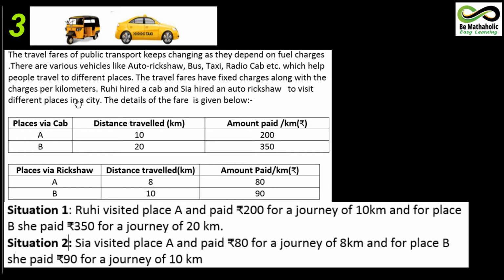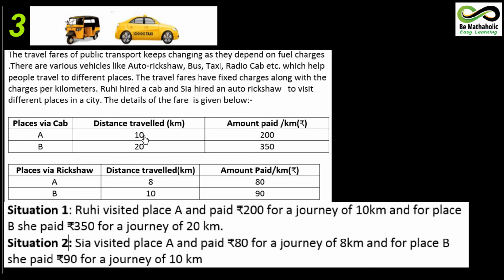And you must have visited different places using a cab. So a cab has a fixed charge which you have to pay, and then gradually as you move to your subsequent destination, per kilometer they have different charges. So there are 2 girls, Ruhi and Sia, who hired a cab and an auto rickshaw simultaneously.